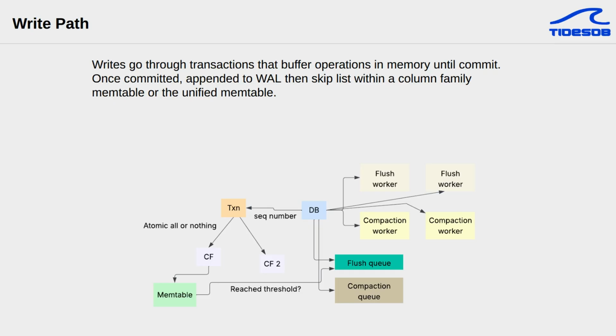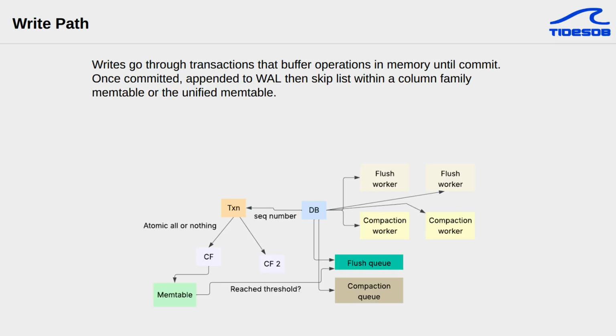You run through your operations, which can run through multiple column families, and which are all or nothing.